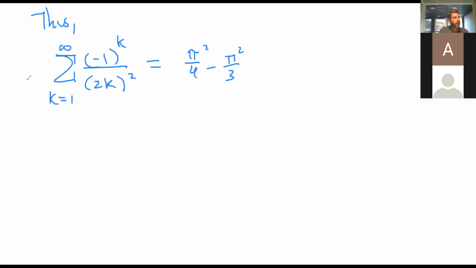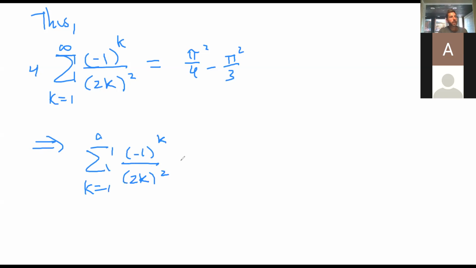And then this thing had a 4 in front of it. And if we do the arithmetic here, what do we get? Well, we get negative pi squared over 48 if you divide both sides by 4. That's a pretty wild identity.